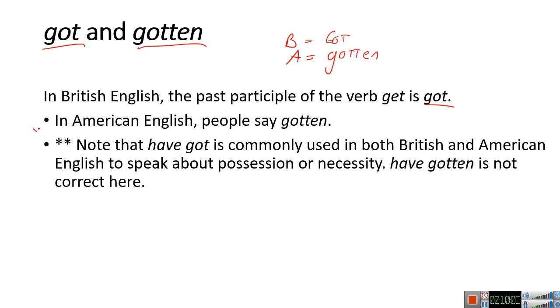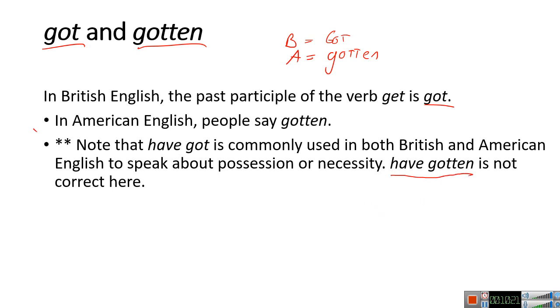Note that have got is commonly used in both British and American English in American English to speak about possession or necessity. Have gotten is not correct here, so we can never say have gotten.